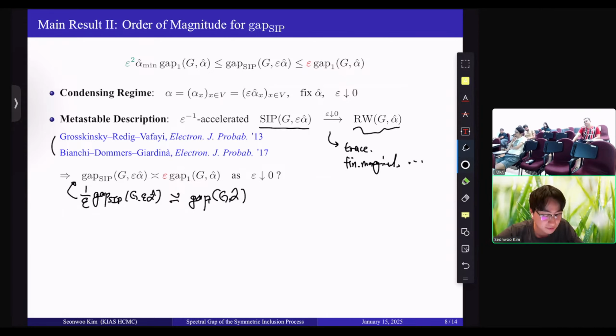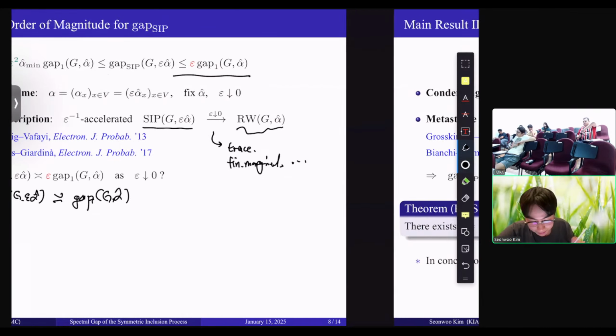And then moving epsilon to the right hand side, we have this kind of expectation, right? Which means that the gap should be in the order of epsilon as epsilon goes to 0, such that we expect the right hand side to be more accurate. And this is exactly the thing that we proved.